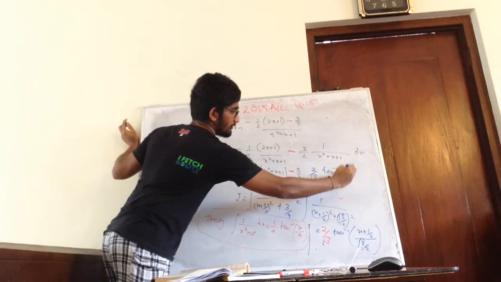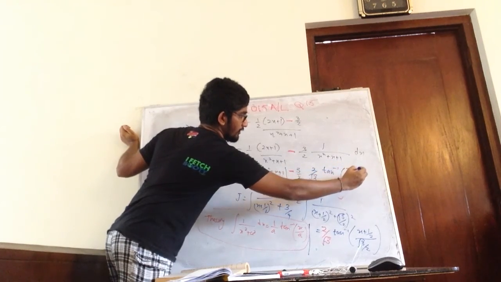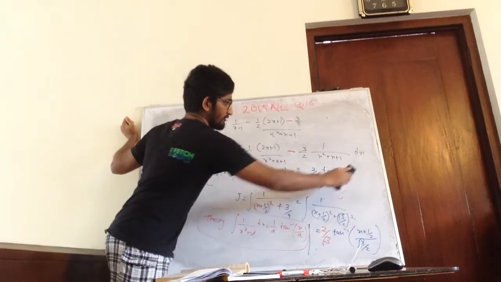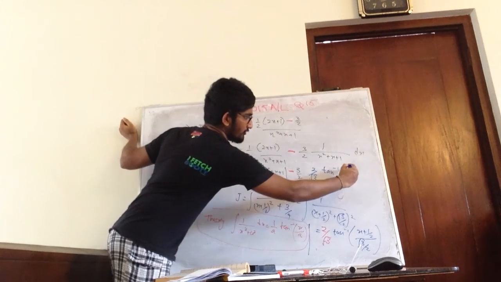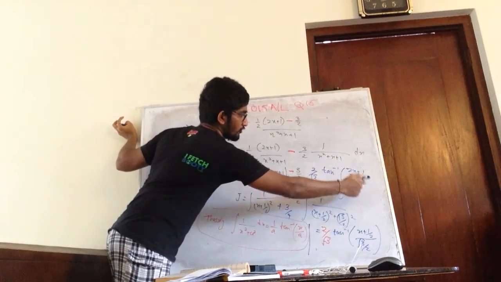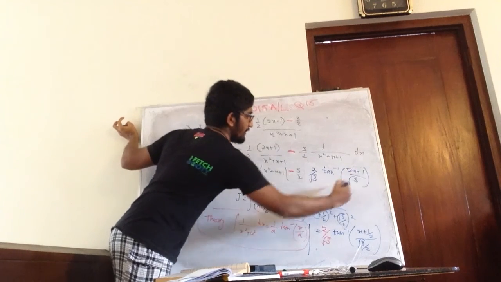Tan inverse. So I'll basically simplify this. This is going to be 2x plus 1. This is going to be square root 3. So 2 and 2 will get cancelled out. Plus c.